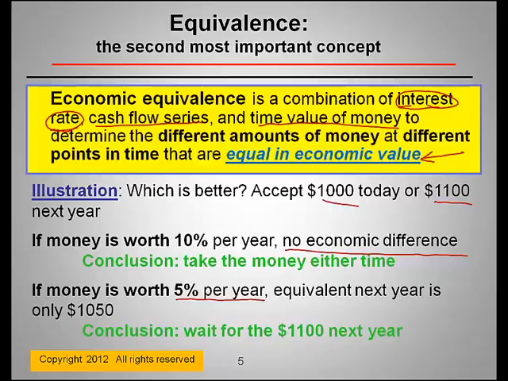Then the equivalent amount 1 year from now is 1,000 times 1.05, or $1,050. Well, in this case, you should wait for the $1,100. Why? Because that $1,100 next year is equivalent to $1,000 now, but at a higher interest rate, namely 10%.